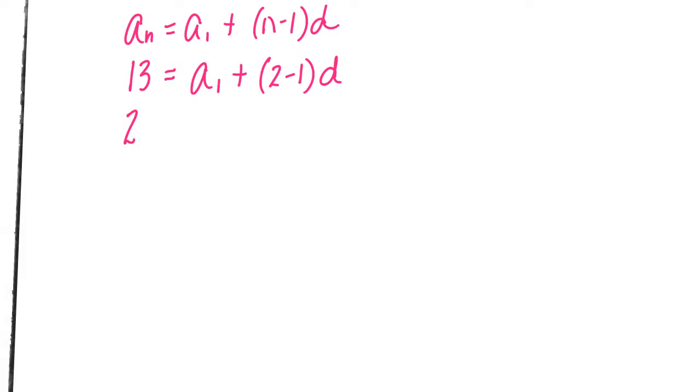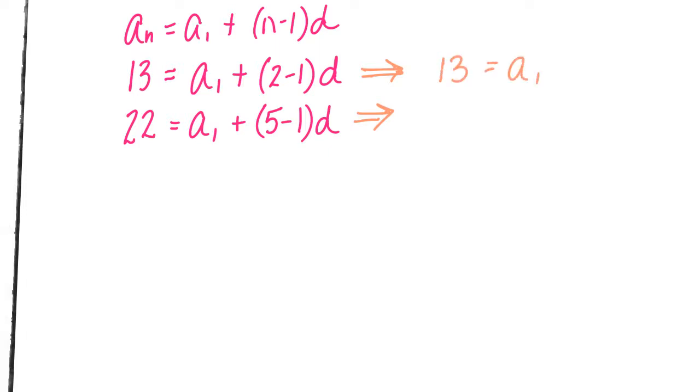We know that 22 was the fifth term. And again, we don't know the common difference. So I set this up as a system of equations. You'll see 13 is equal to a sub 1 plus, well, 2 minus 1 is 1d. And then we have 22 is equal to a sub 1 plus, well, 5 minus 1 is 4d.